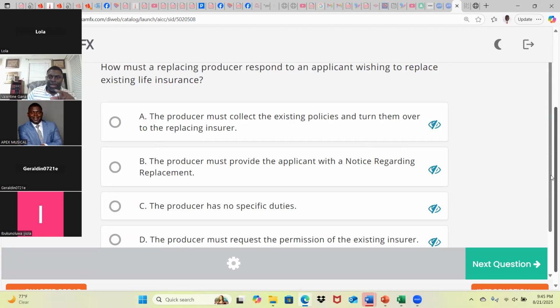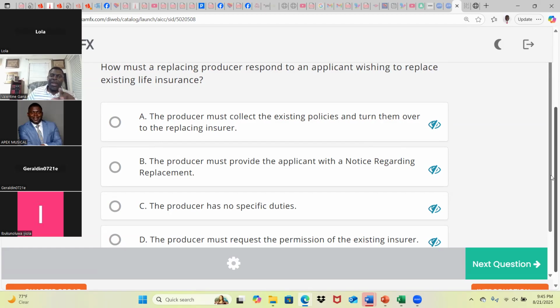The producer must collect the existing policies and turn them over to the replacing insurer. The producer must provide the applicant with notice regarding replacement. Yes, they do that. The producer has no specific duties. That's not true. The producer must request the permission of the existing insurer.